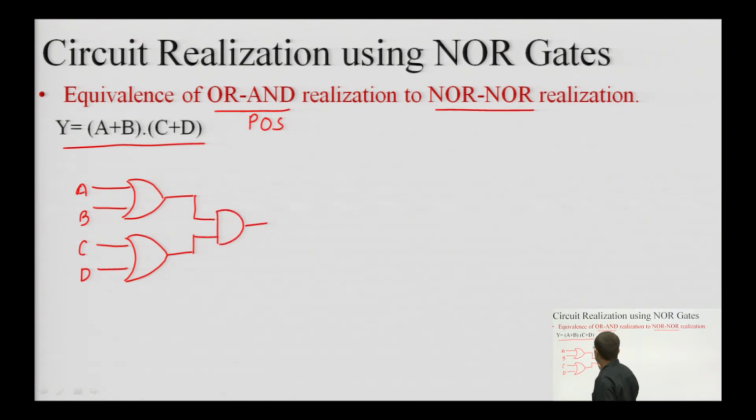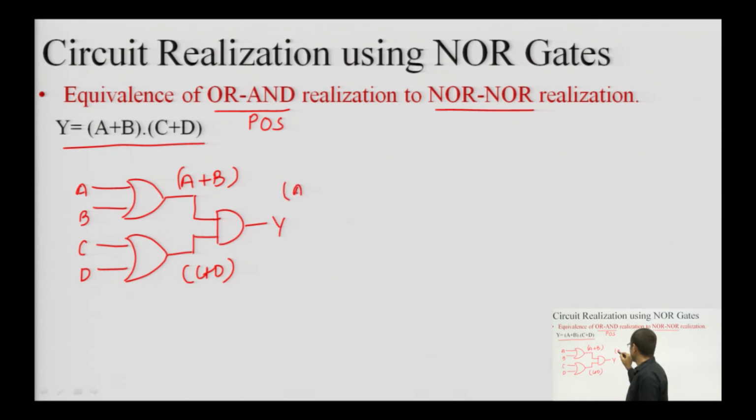So, I am using an AND gate. So, this is a basic gate level structure of this POS expression. So, this is your A plus B and this is your C plus D, and this generates A plus B dot C plus D.